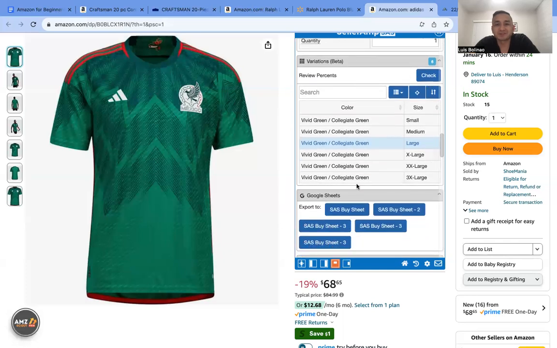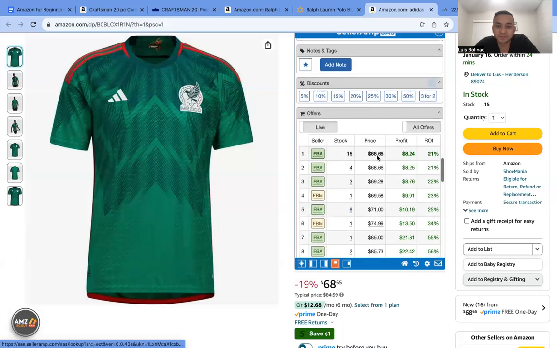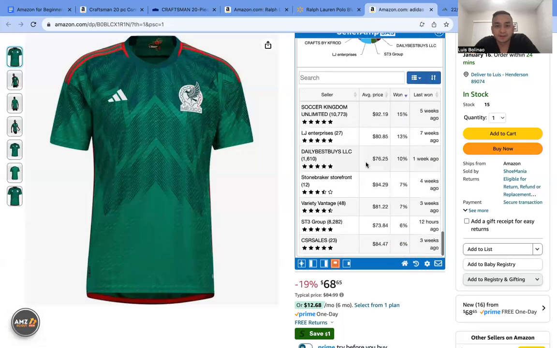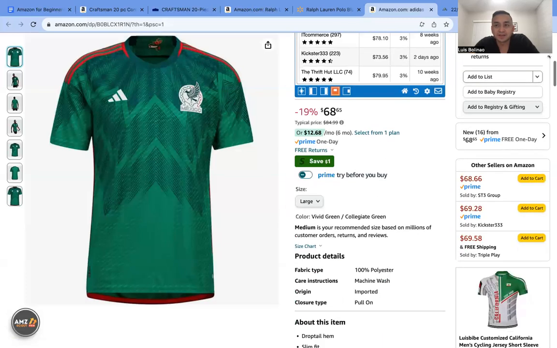It gives you sales per variation, which is very advanced, so I'm not going to talk about it on this one. If you have discount cards or discounts from websites, you can plug them in here on Seller Amp. And you can see other sellers here.